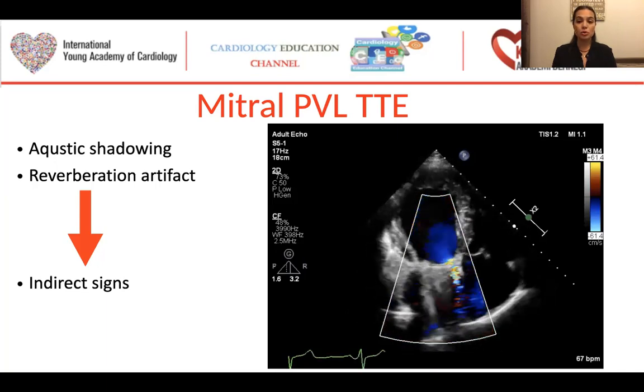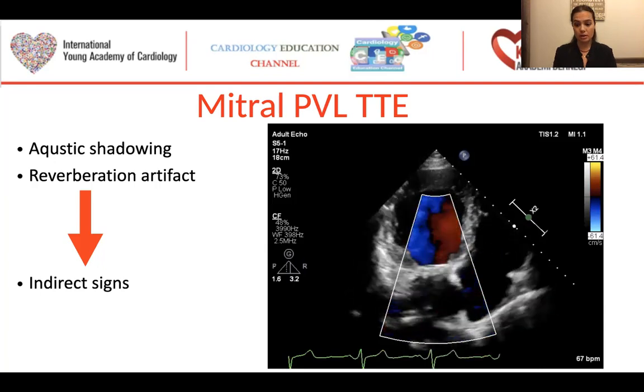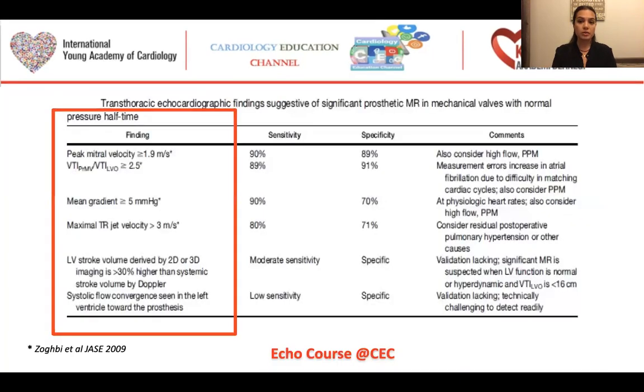What should we do at that time? We should go with the indirect signs. What are the indirect signs? For the mitral valve: increased peak mitral velocity, increased VTI ratio of the mitral valve to LVOT, mean gradient more than 5 millimeters of mercury, or increased TR jet velocity.